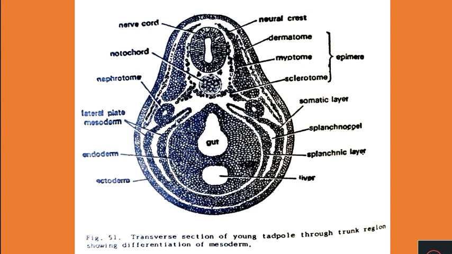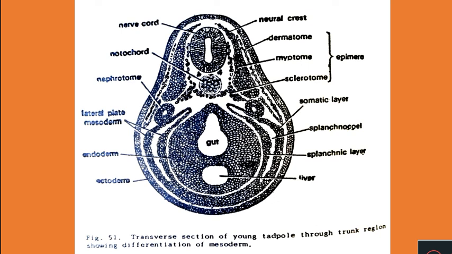In a later stage, these two cavities unite to form a continuous single coelom called a splanchnocoel, and this cavity will later expand to form the body cavity of the adult animal. This splanchnocoel also gives rise to the pericardial cavity around the heart.